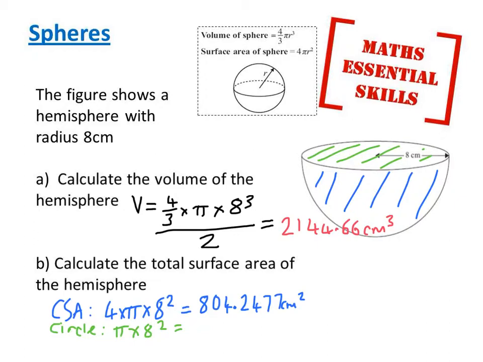So the curved surface area done in blue, now the circular area gives me an answer on my calculator of 201.0619 centimetres squared, and clearly I just need to add these up to get the total surface area, which is 1005.31 centimetres squared.